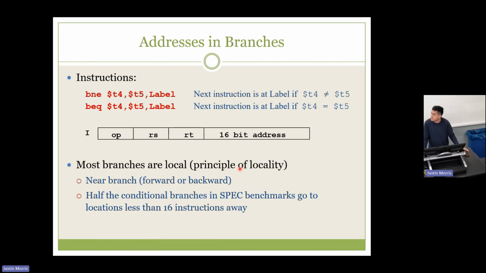Most branches are only going around 16 instructions away. So your loops are not very large, and if statements are not very large. Procedures are where you're going to be jumping further. But even then, we don't have to reach the entirety of the code space. Most programs are not going to be 4 gigabytes large.